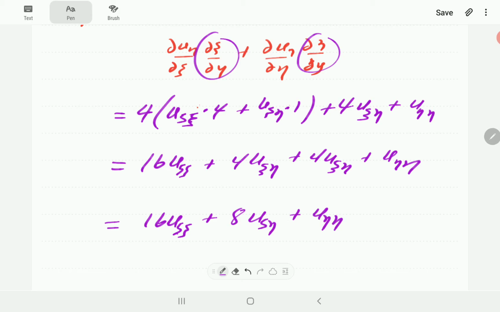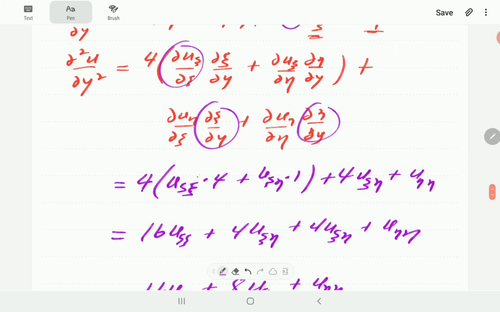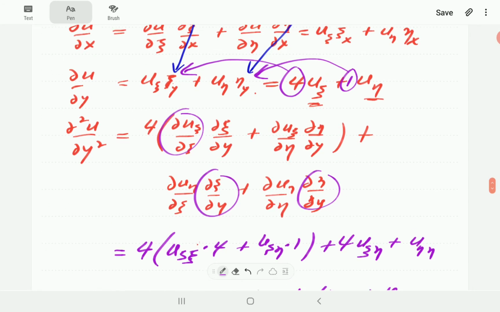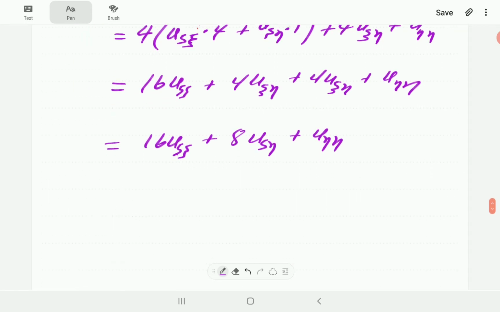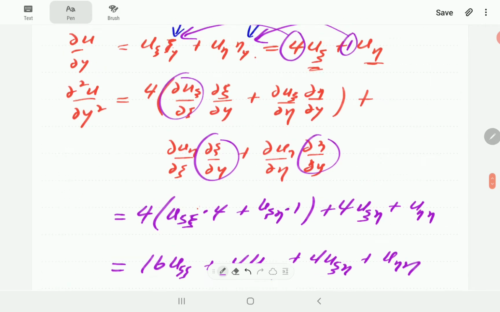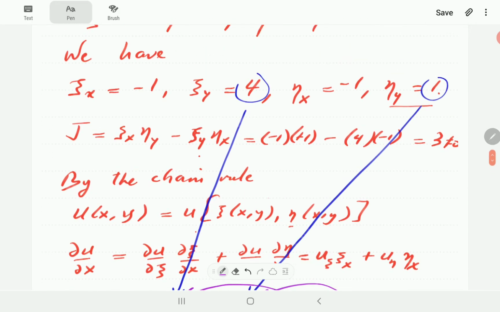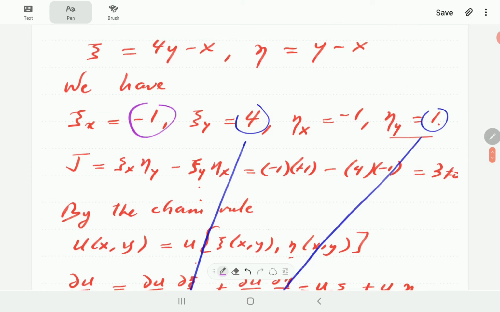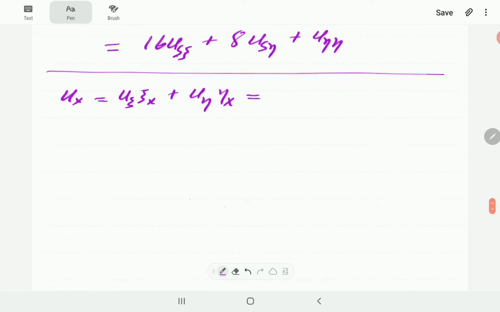So those are the two derivatives with respect to y. Then we're going to do the derivatives with respect to x before we do the mixed one. So with respect to x, we say this is going to be u_xi xi_x plus u_eta eta_x. Now xi_x is -1, eta_x is -1, so both of them are -1.